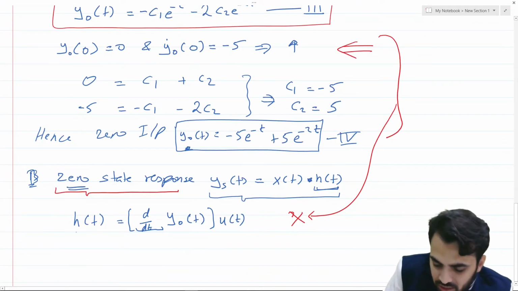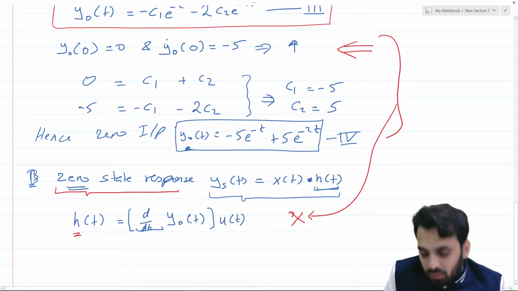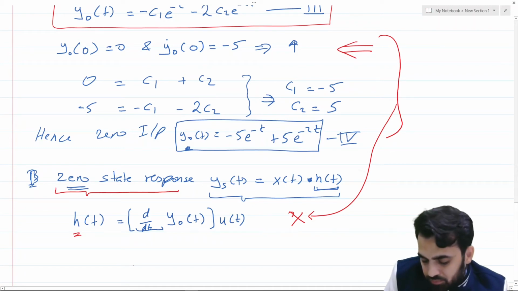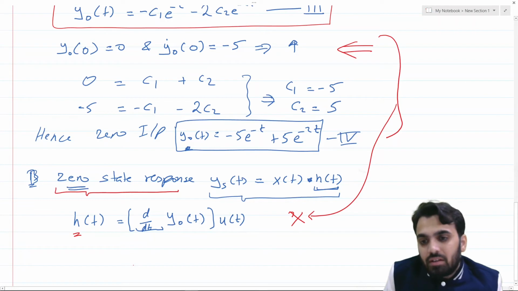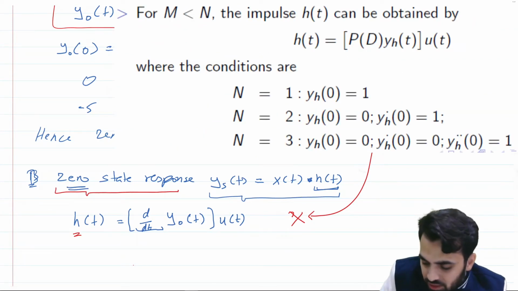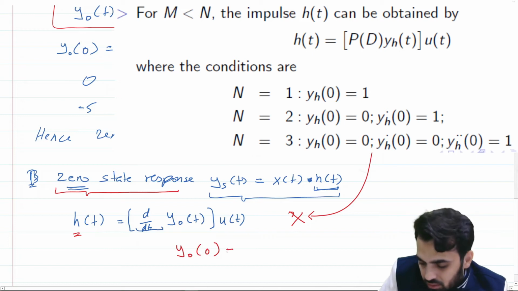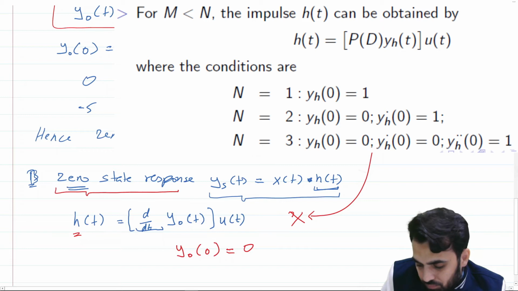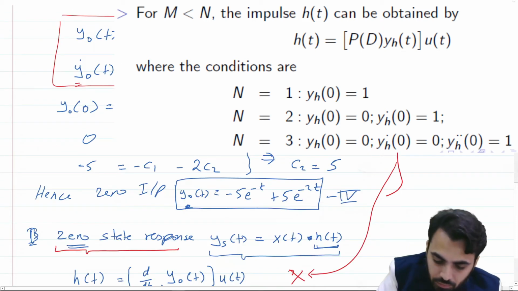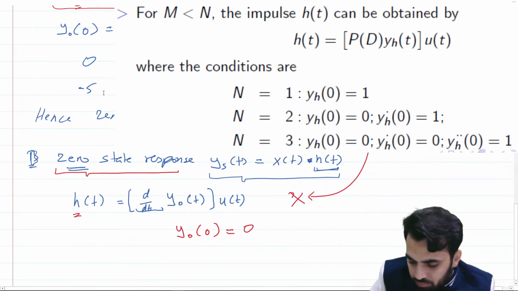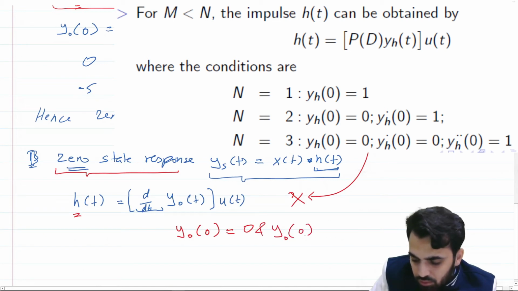So this simplistic expression of the impulse response defines its own initial conditions, that is y naught of 0 is simply 0, and the first derivative is set to 1, that is y naught prime of 0 is set to 1.